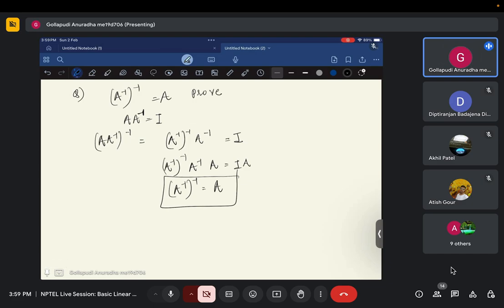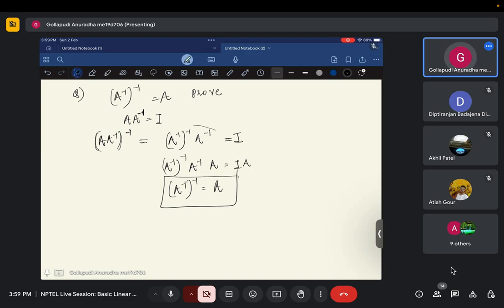Anyway, we know that multiplication of a matrix by its inverse will be equal to the identity matrix. And if I take the whole inverse for A into A inverse, the whole inverse, that is anyway the identity matrix as we know.